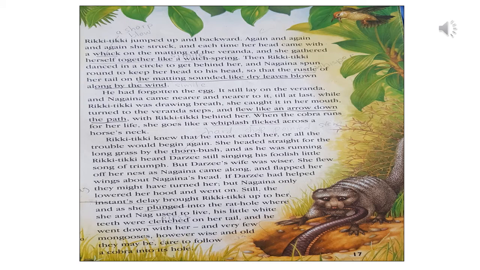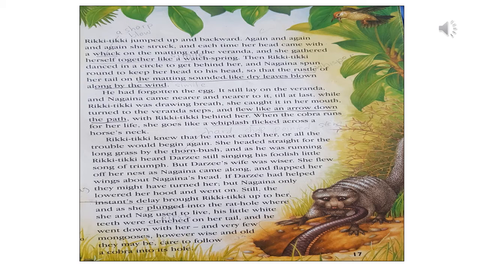Rikki Tikki jumped up and backward, again and again she struck, and each time her head came with a whack on the matting of the veranda, and she gathered herself together like a watch spring. Then Rikki Tikki danced in a circle to get behind her, and Nagaina spun round to keep her head to his head, so that the rustle of her tail on the matting sounded like dry leaves blown along by the wind.